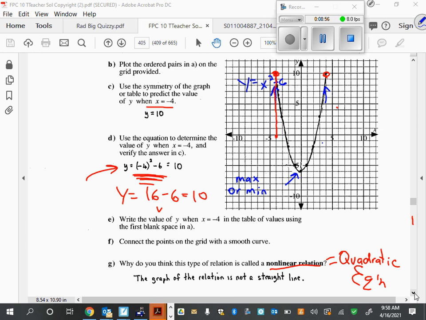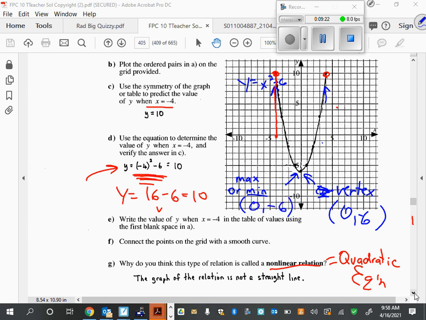And the minimum is the exact same thing as the vertex. Vertex means the highest or the lowest point. Okay, so that's a fancy word, but you need to know what it means. And so what point is the vertex, everyone? 0, -6. And so the minimum is 0, -6.